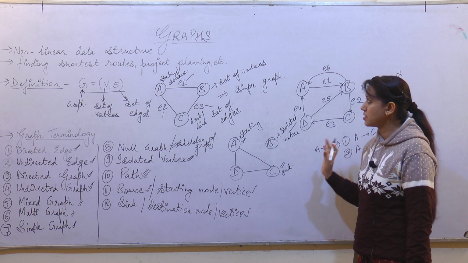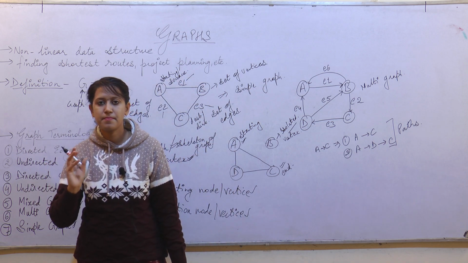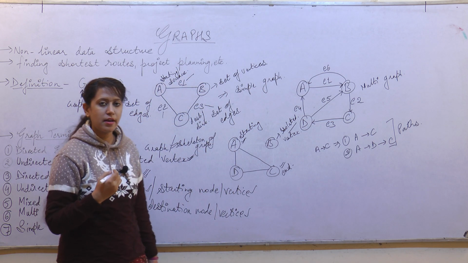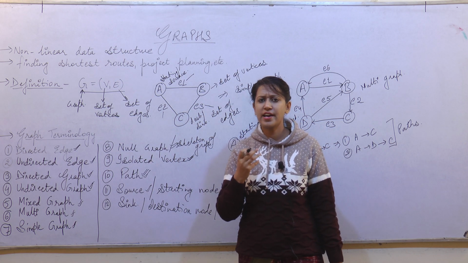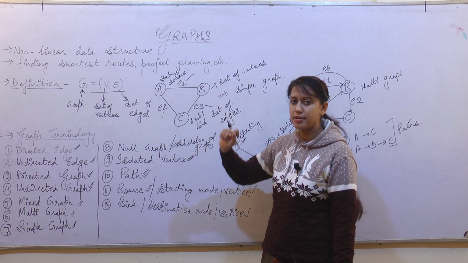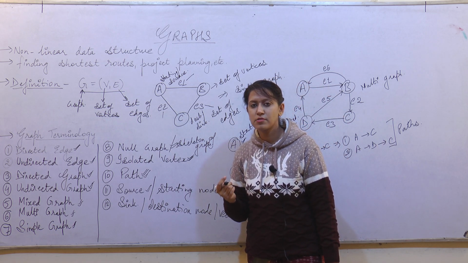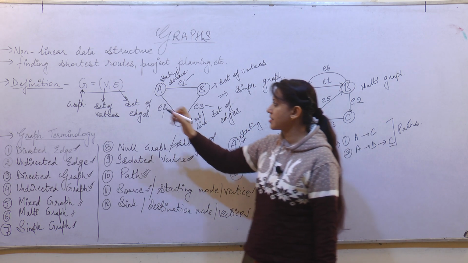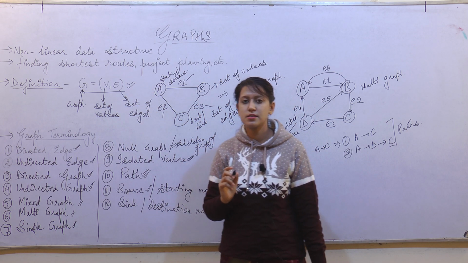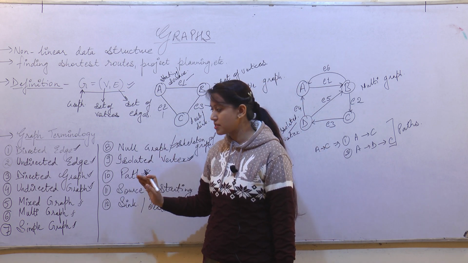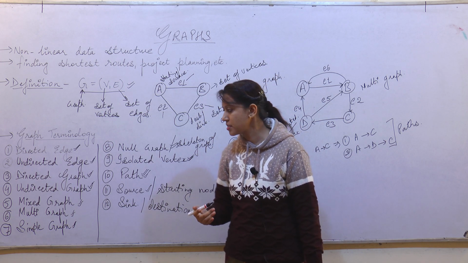So this was the basic introduction of graphs. In it we have discussed the meaning of graphs, how graphs are used in our daily routines and projects, and then the definition of a graph, given by G = (V, E). After that, we discussed different terminologies that will be frequently used in our further topics.